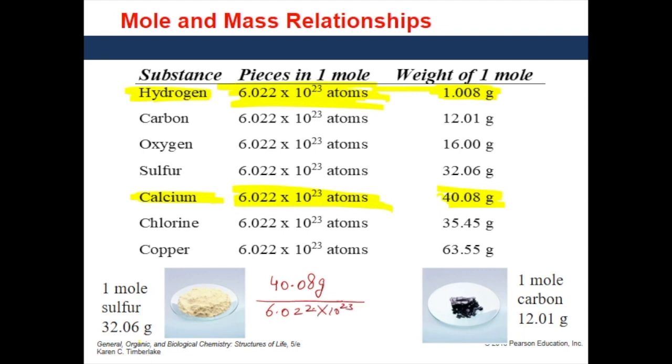So this would be grams per atom, meaning the weight of one atom in grams. That is how you can relate molar mass to the number of atoms, or molar mass to the number of moles of a substance or an element.